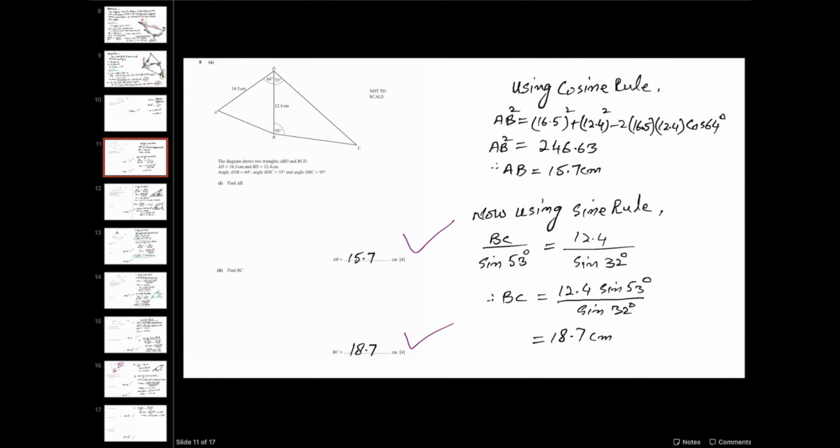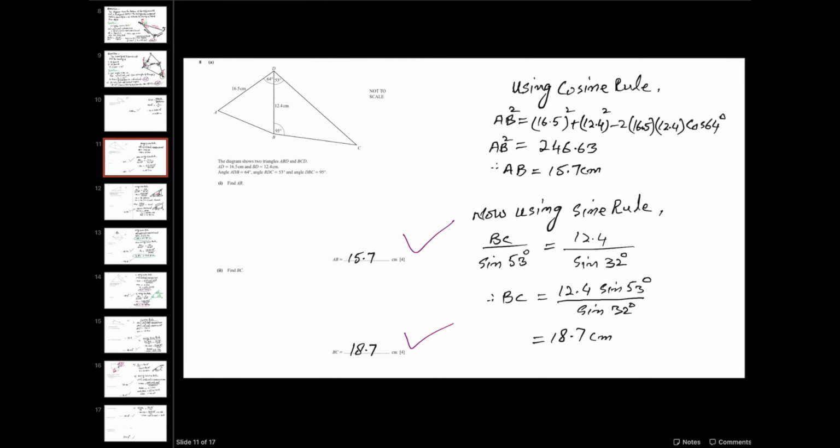In order to find this side AB, we use cosine rule. So AB square is equal to 16.5 square plus 12.4 square minus 2 into 16.5 into 12.4 into cos 64 degree.